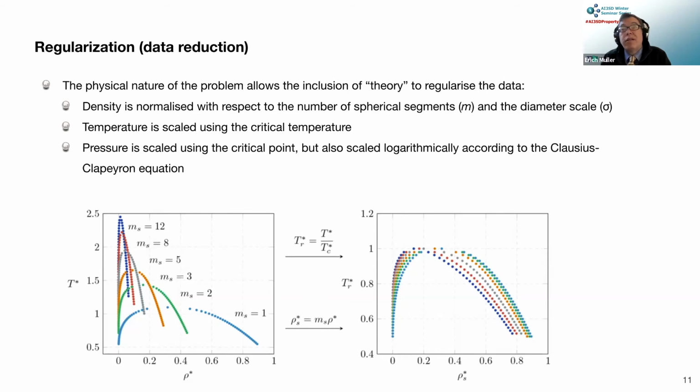However, if you further scale things with respect to the critical temperature of each fluid, and for example, consider the segment density instead of the absolute density of the molecule, we see that the diagram on the right is much simpler in terms of the range of both the densities and the temperatures which we explored.